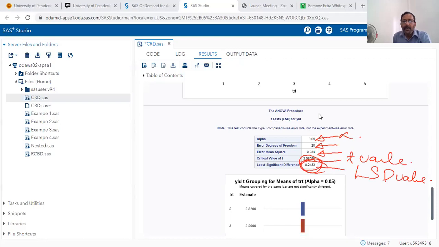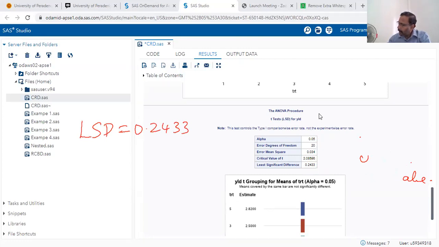There's a calculation process to calculate the LSD value, or least significant difference. Look at this LSD value. What is the LSD value? Tell me. 0.2433, right? Is that correct? Yes, sir. 0.2433. What is happening is, I will go a little further.